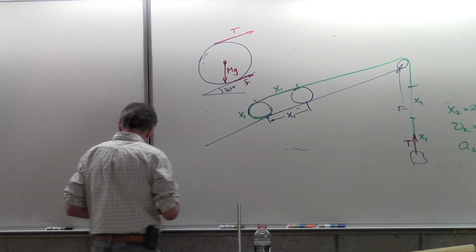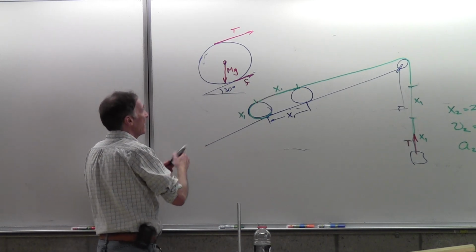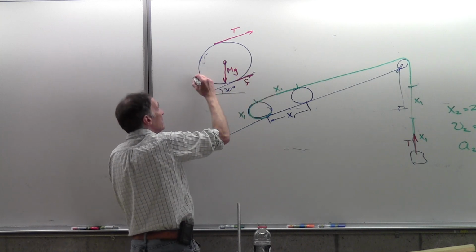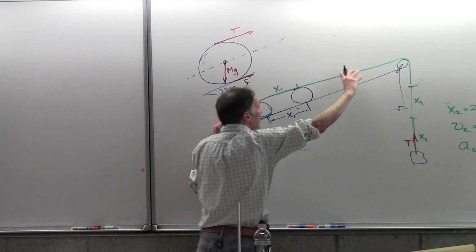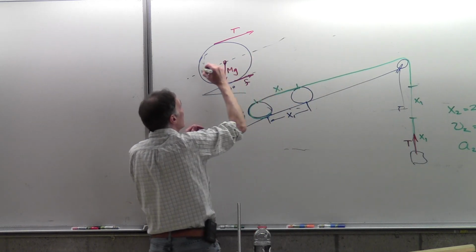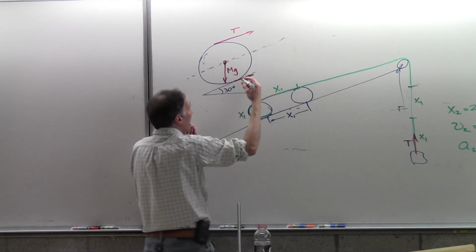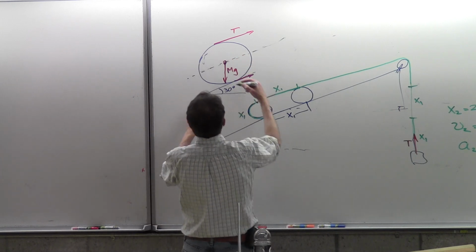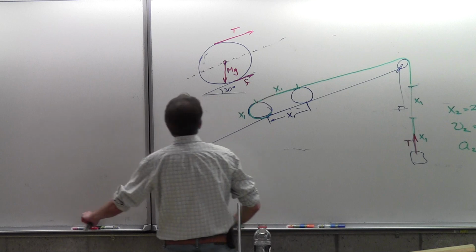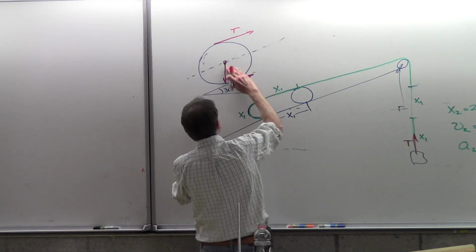If we're going to call the x-axis along and parallel to this thing, so the motion on this thing is along this inclined plane, and so this axis is going to be at an angle. I got to get a better look here if I'm not going to screw this thing up.